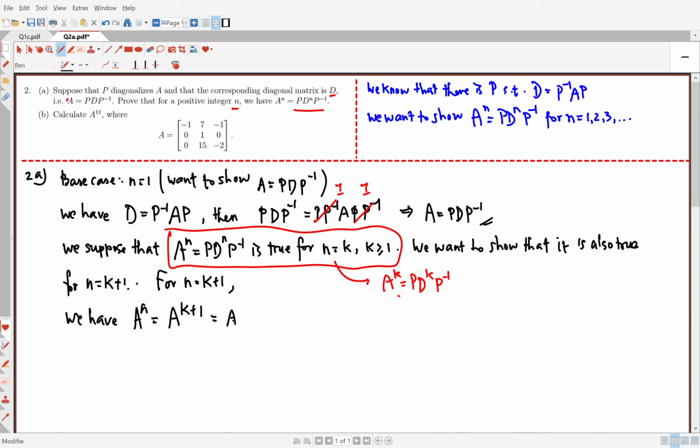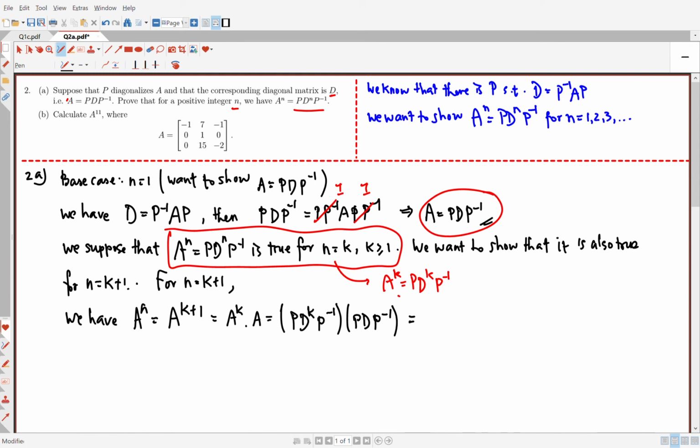It is very easy. I can just split A to the power of k plus 1 into this. Now I can write A to the power of k in terms of P D to the power of k P inverse. And what is A? A is just P D P inverse.